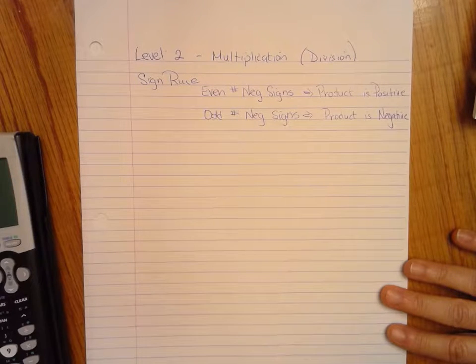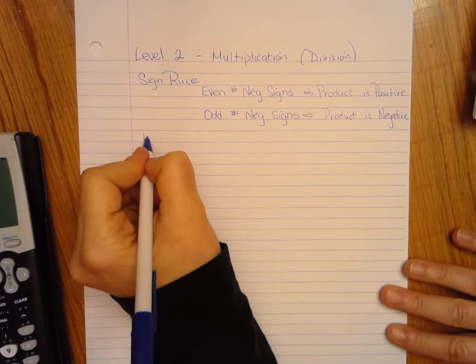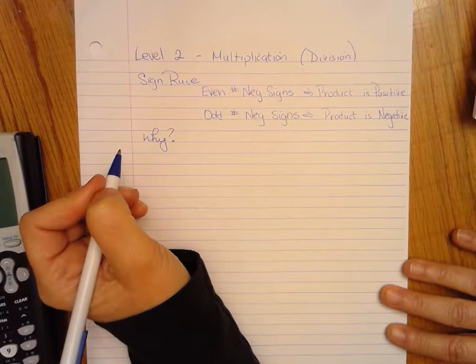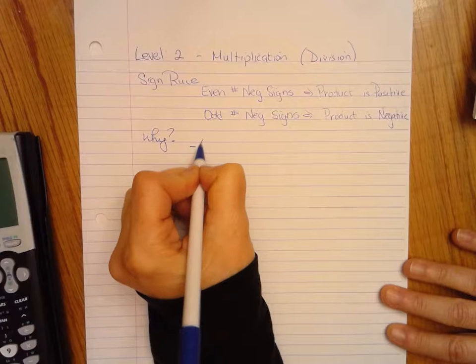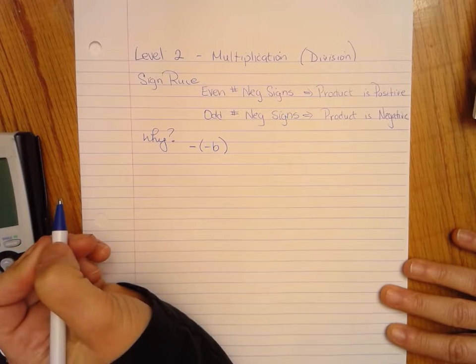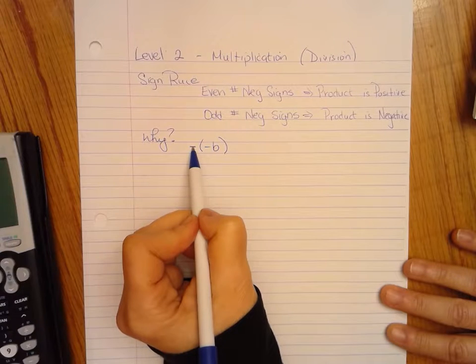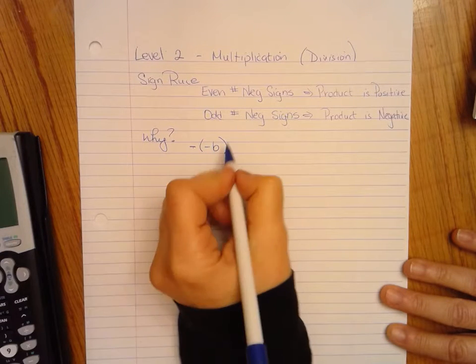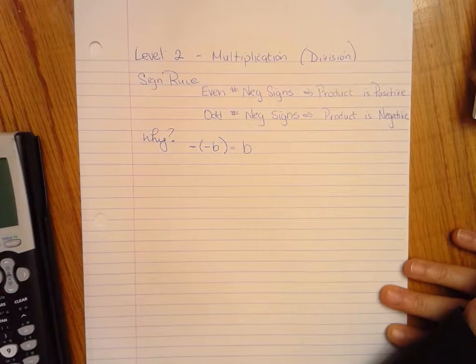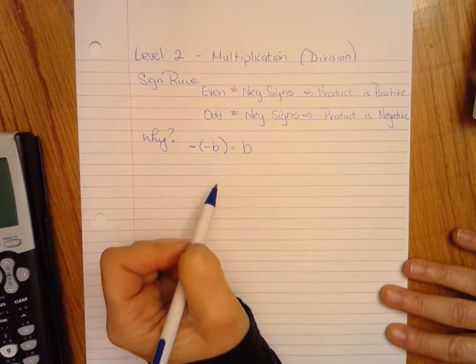That's it. Why? Well, we just saw that the negative of negative b is actually just b. That's why. It's like a double opposite.